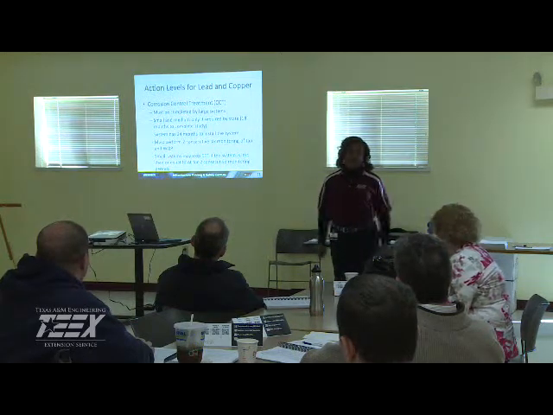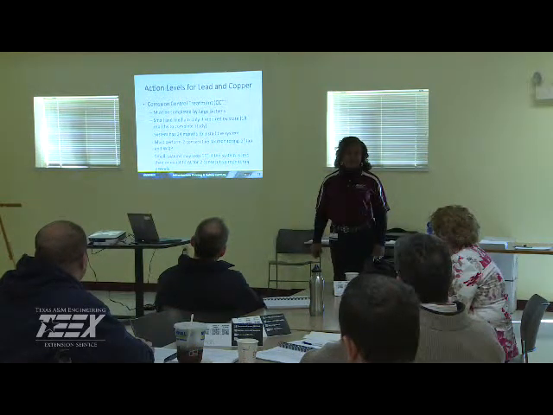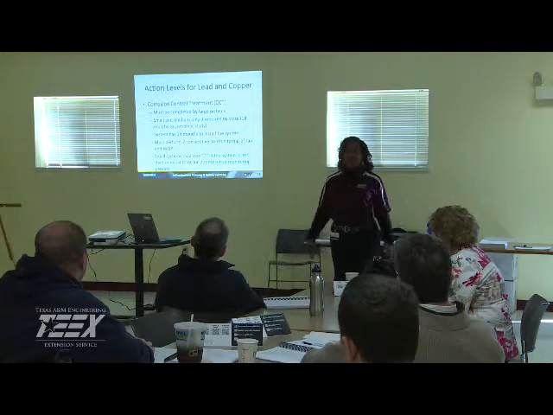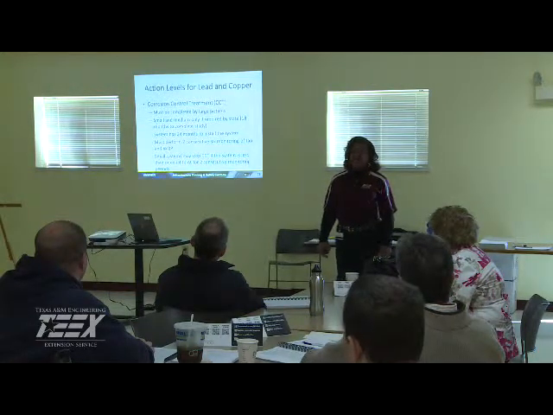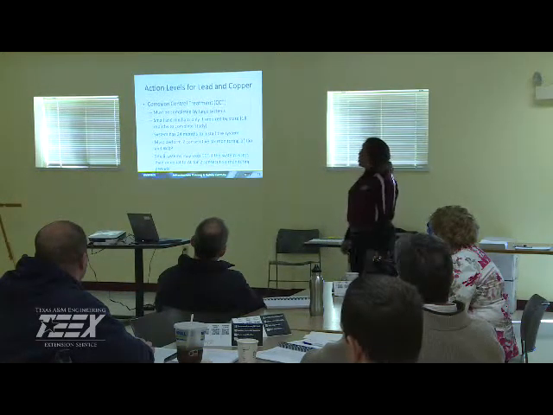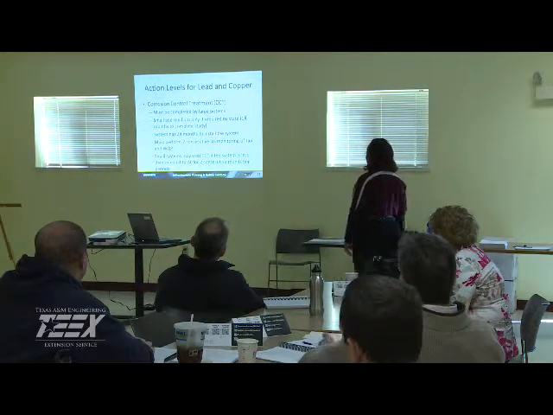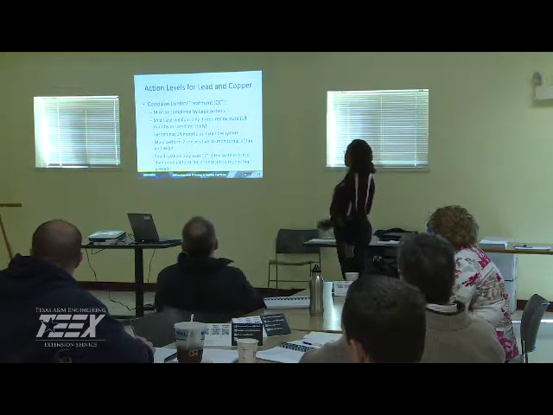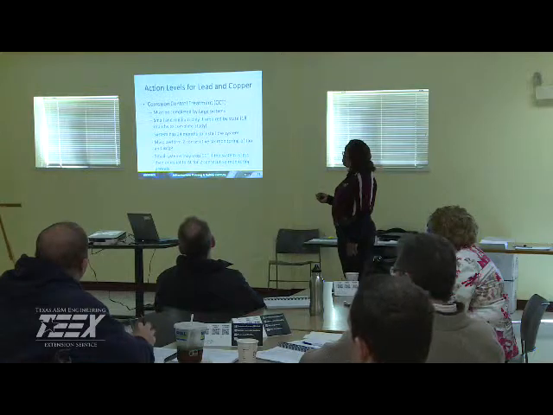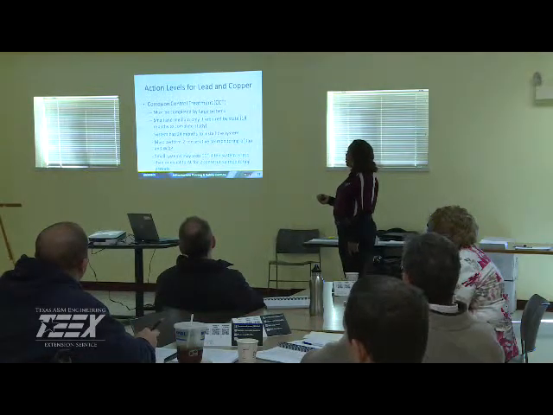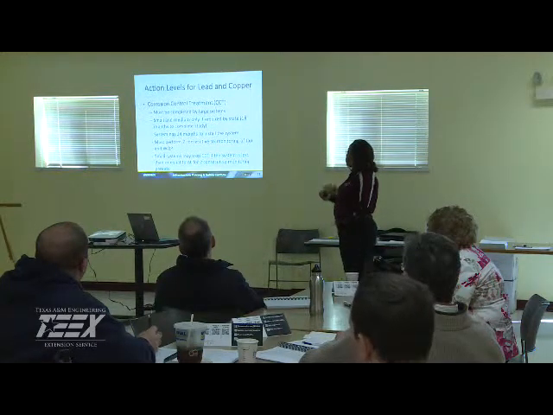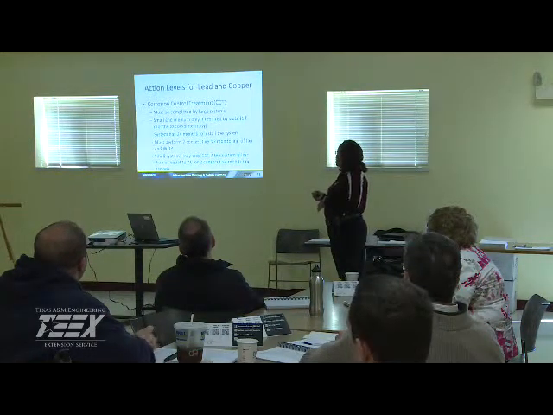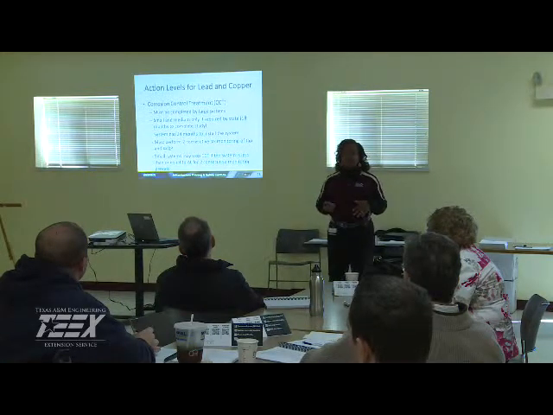So, we have an exceedance. What do we do now? How do we rectify it? How do we mitigate it? We start looking at some corrosion control treatment processes. Again, your CCTs must be completed by large systems. EPA says small and medium systems are only required if required by the state. And again, they give you 18 months to complete the study.